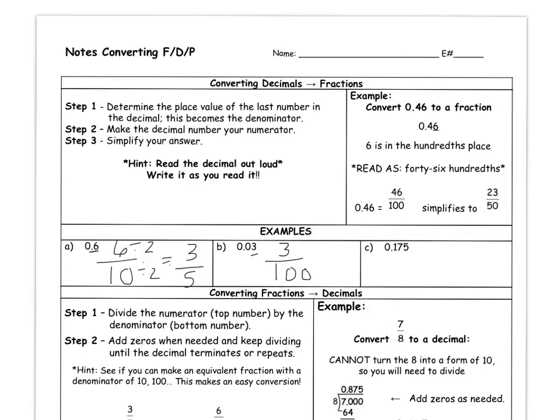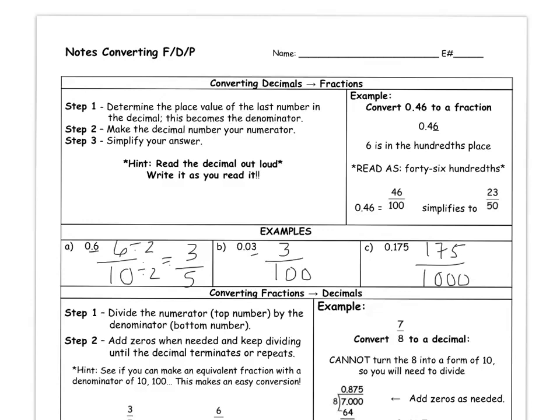Let's try C, 175 thousandths. So since 5 is in the thousandths place, I'm going to put 175 over 1,000. And then I'm going to simplify. So what number is going to go into 175 and 1,000? Well, let's try 5.